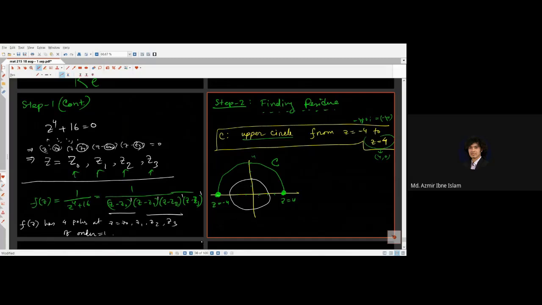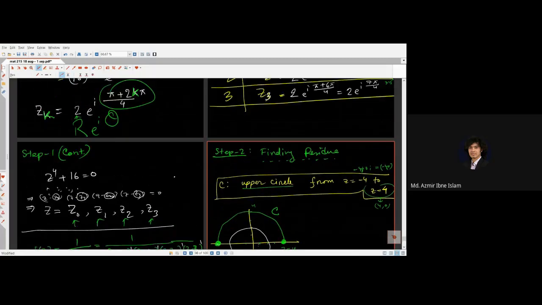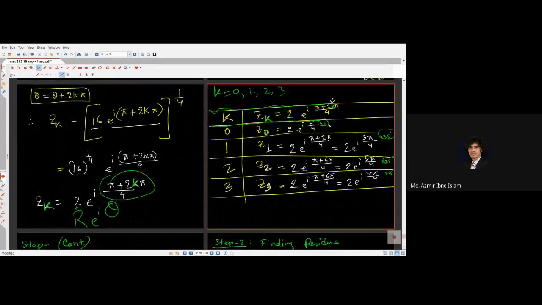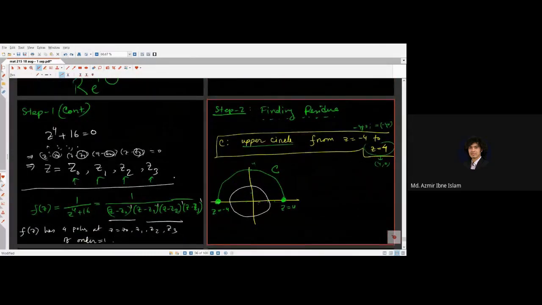Okay. So z0, you know that z0 is with angle or argument 45 degrees, right? Yes, sir. So try to understand. 45 degrees is in the first quadrant. This is 45 degrees. So z0 is here.